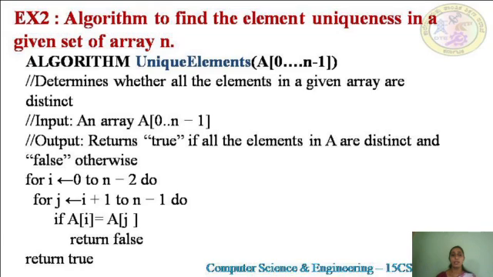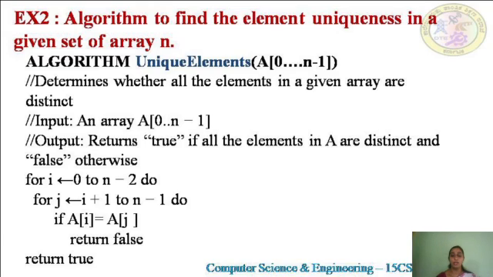In this way, all the elements are compared with each other. If any of the elements are found similar, it returns false. Otherwise, it returns true. That means we don't have any similar elements in the array, that is, the array elements are distinct.